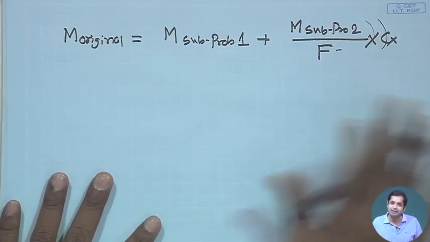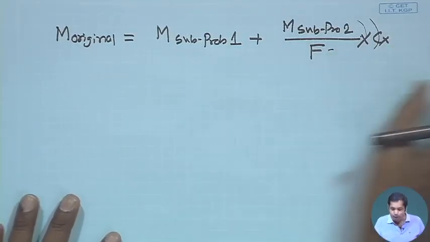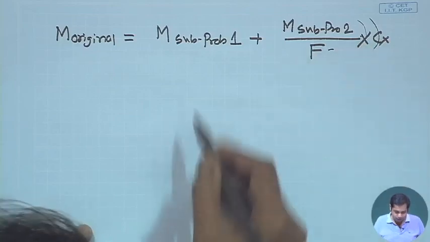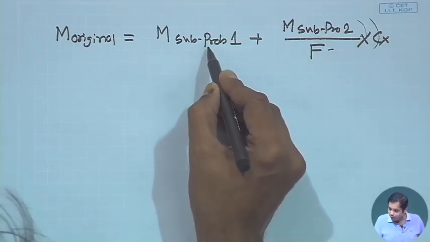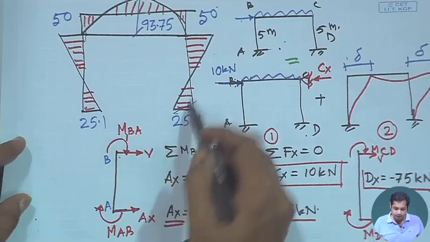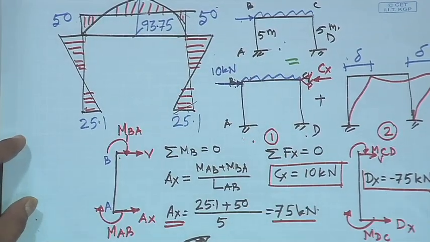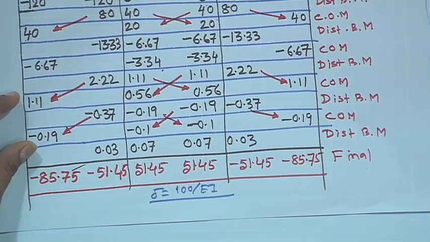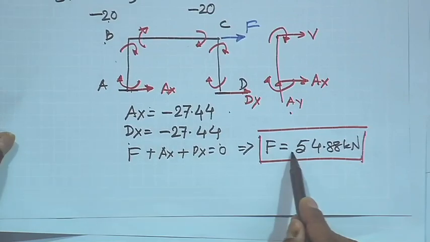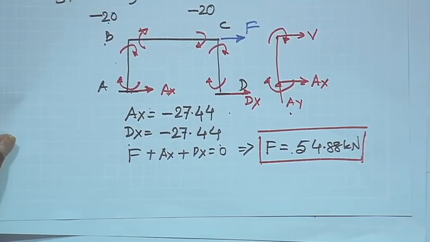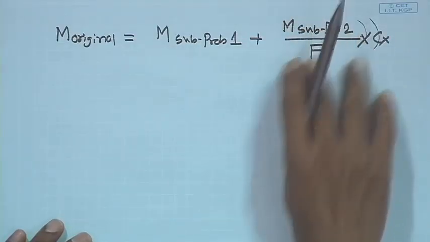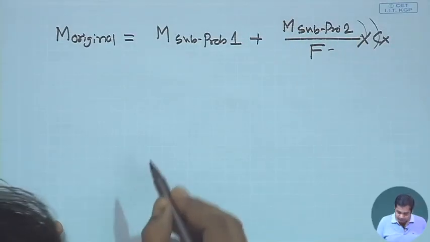It is very similar to applying a unit load and getting the corresponding moment. So, these values we have already obtained. These values are this, and for subproblem 2 the values are this. We substitute that, and F is equal to 54.88, and we also obtained Cx is equal to 10 kilonewton, and if we substitute this, the values that we get are this.